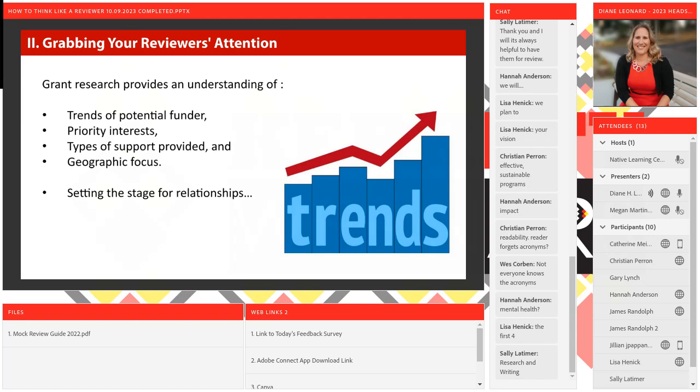Are they focused on collaborative proposals versus individual organizations? This is information that's going to help us eventually have some great relationship building conversations and also determine what is going to be the content and the focus of our proposal. So if we skip our research or if we shortchange our time on research, we potentially are going to miss the mark later on when we get to writing.